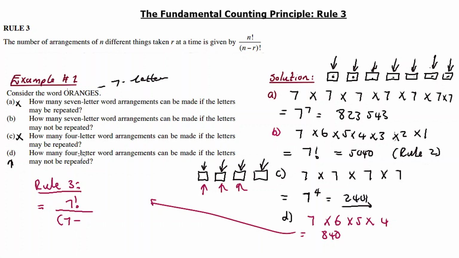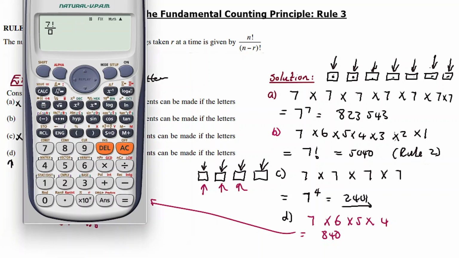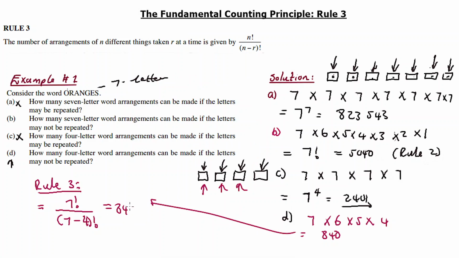It's 4 letters at a time. So it's 7 minus 4, factorial. As you punch in, 7 shift factorial divided by 7 minus 4, shift factorial. The answer is 840. Same answer.